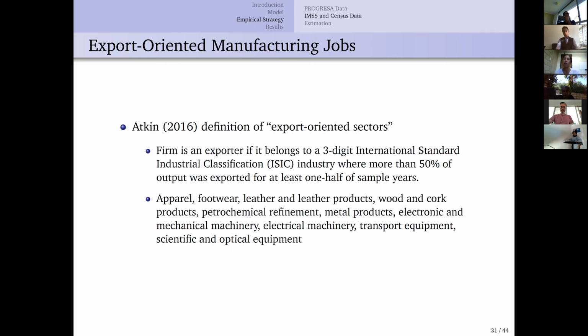I'm not sure, so I would have to double check on that. I would have to know more about these types of industries, but at first glance, it looks like most of these are sort of the permanent types of jobs that you're thinking about.